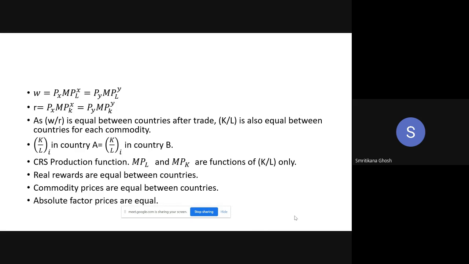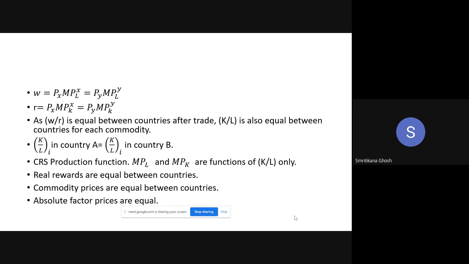So that is the importance, that is the strength of this model. The model is not saying anything about the wage rental ratio. It's only about the pattern of trade, right? If you are abundant with labor, you should produce more labor intensive commodity and export it. The model is only that much.